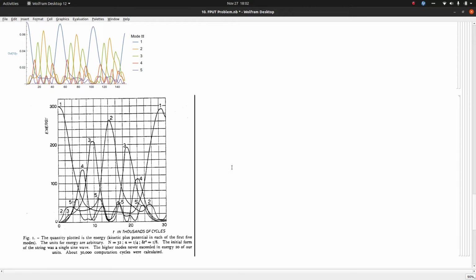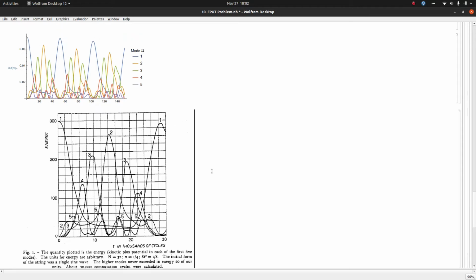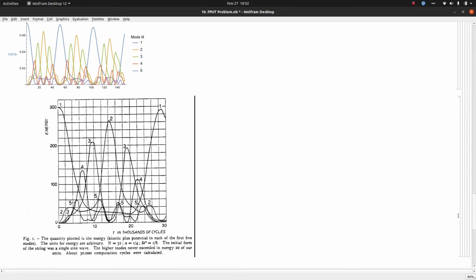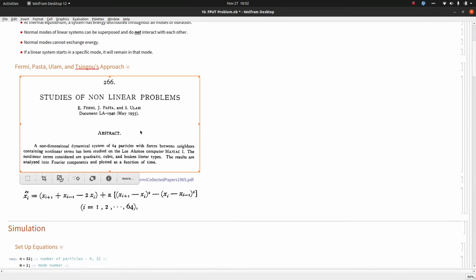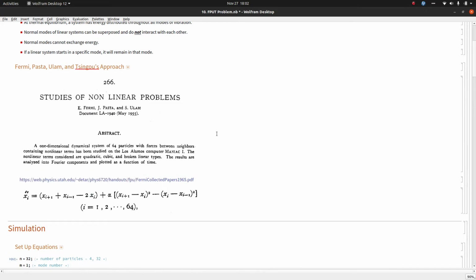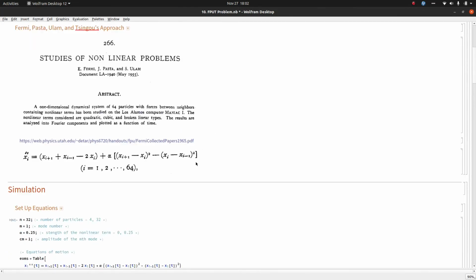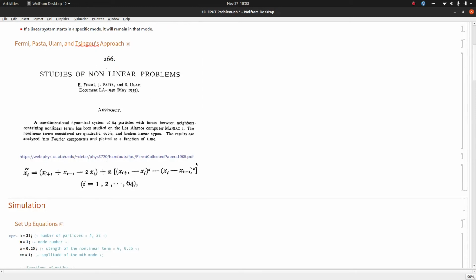I won't go into all the detail on this. You are more than welcome to read the Fermi, Pasta, Ulam, and Tsingou paper to go into the detail here. But the point is that you are now set up to solve physics problems that you can't do with pen and paper.